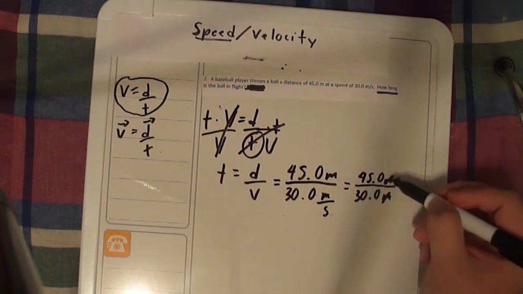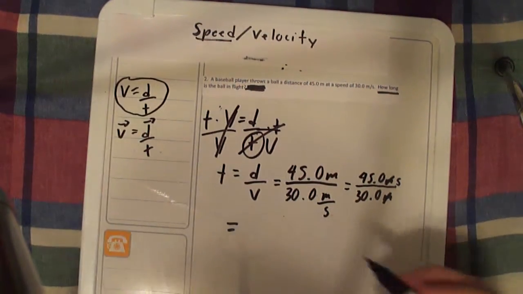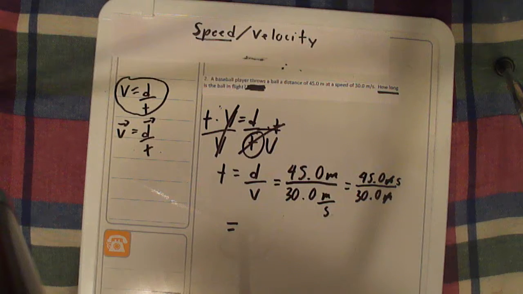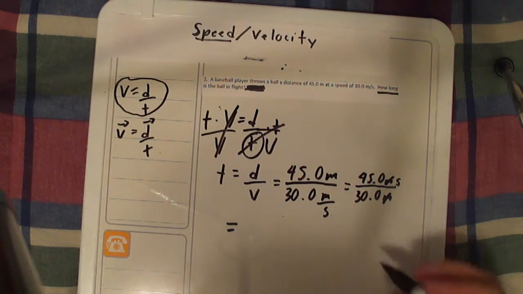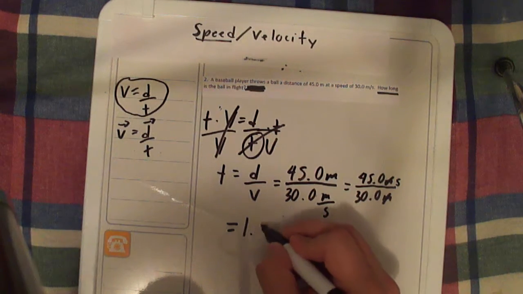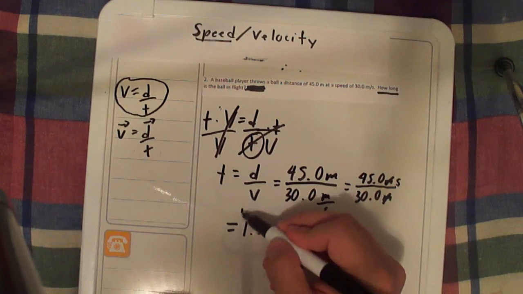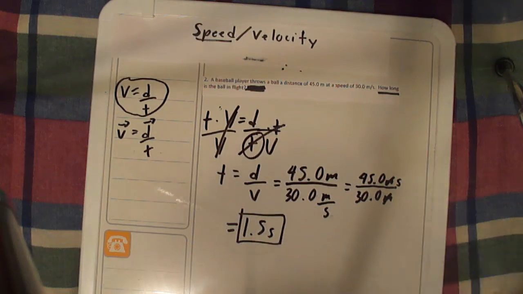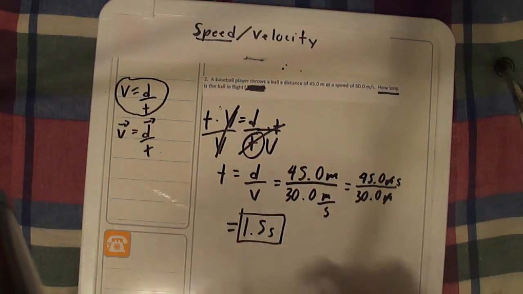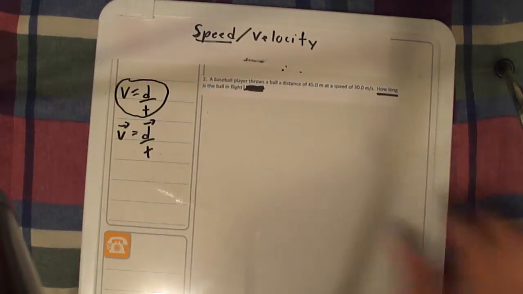Meters cancel, which means you then equal 45 divided by 30, equals 1.5 seconds. You then know the ball was in flight for 1.5 seconds. There you go. Quick, easy. I'm making it a lot longer than it needs to be, but still should work fine.